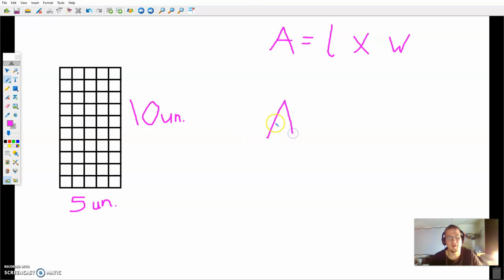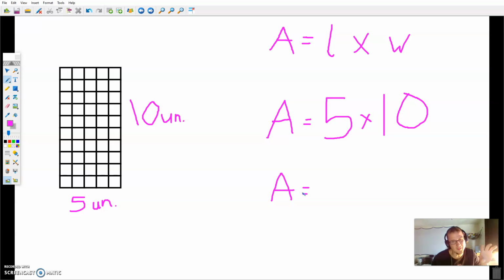I know that the area of that rectangle is going to equal the length of 5 times the width of 10. So we've got 5 times 10. That tells me my area equals, everybody tell me, what is 5 times 10? Okay, 50.